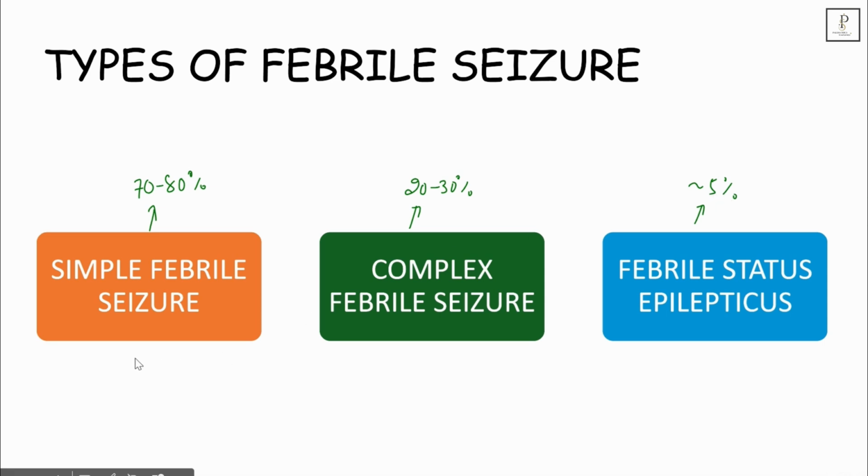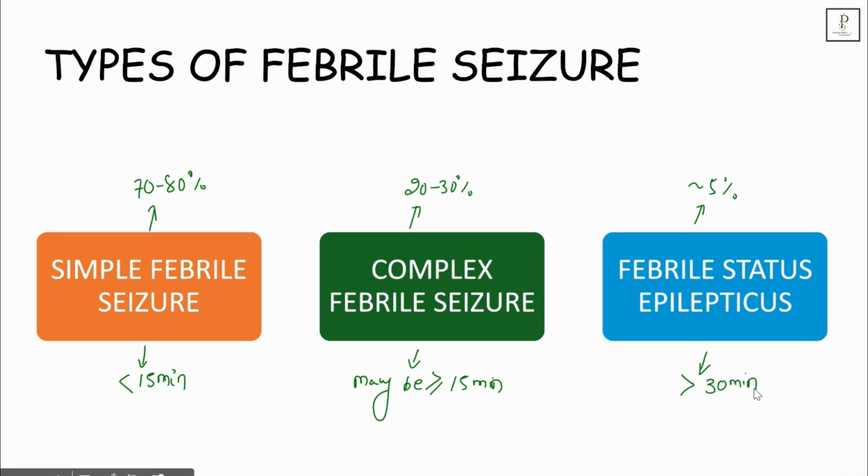The duration of simple febrile seizure is always less than 15 minutes. Complex febrile seizure may be more than or equal to 15 minutes, right? And febrile status is more than 30 minutes.